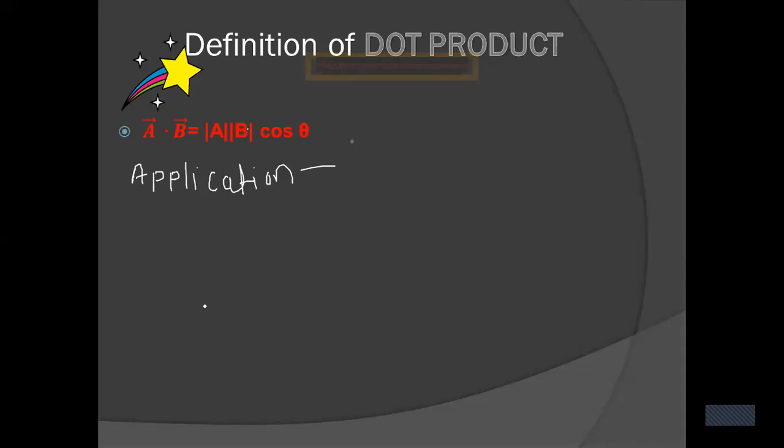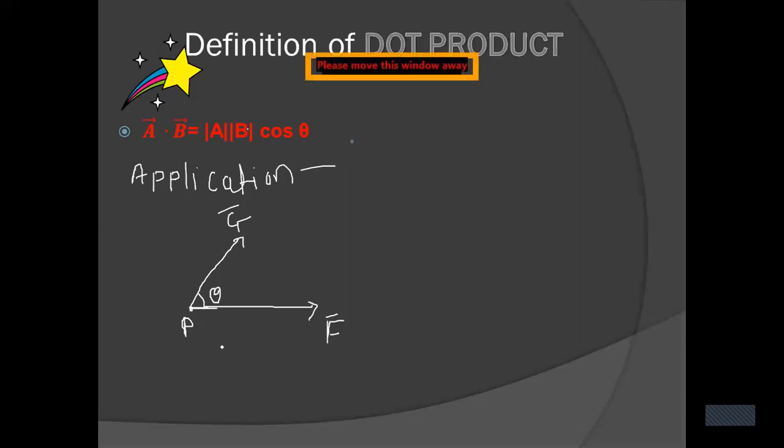So here we are considering two vectors. This vector is f bar, and consider this point as P. And consider one more vector, that is G bar. So the angle between these two vectors is equal to theta.